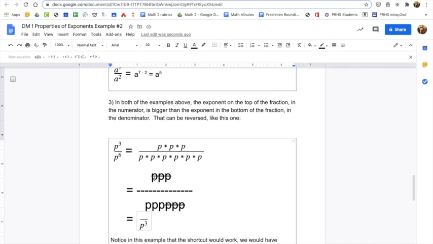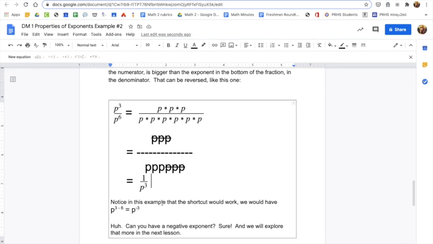What it is is p divided by p 3 times, and p divided by p is 1, and so what we've got on top really is these p's don't disappear, they cancel and they become 1s, so it's 1 times 1 times 1, which of course is 1. And the answer here is when we take 3 on the top and 6 on the bottom and do as much canceling as we can, we're left with just 3 on the bottom, and that empty space on the top is really a 1. So it's 1 over p to the 3rd.